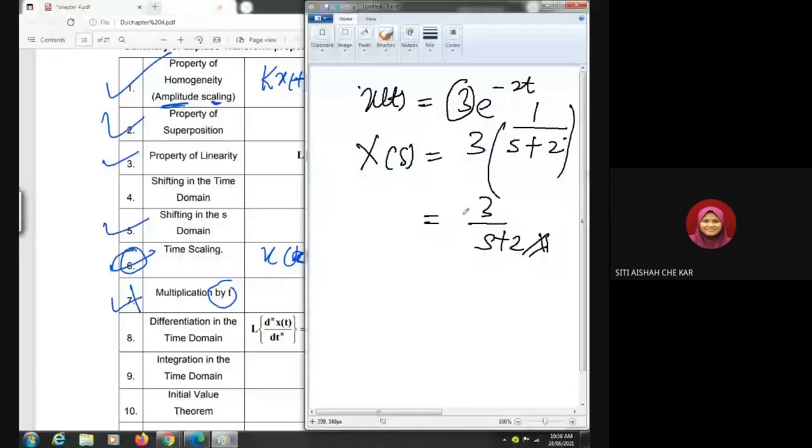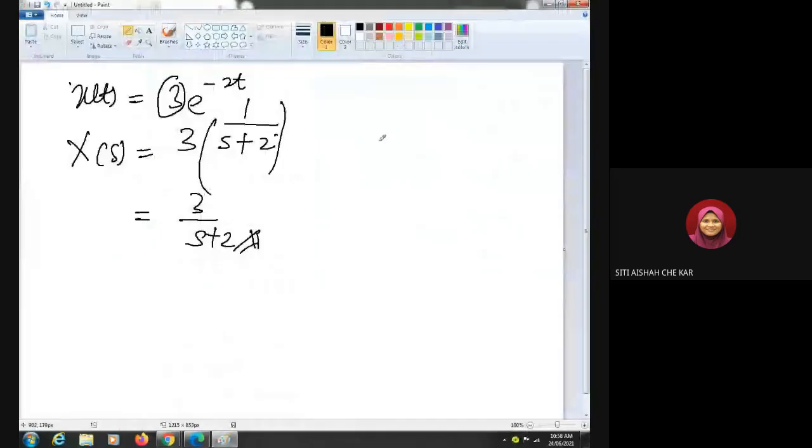Okay, I think I missed one Laplace transform for you, which is t to the power of n.